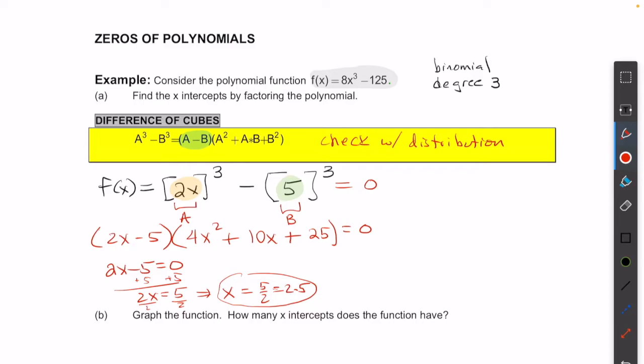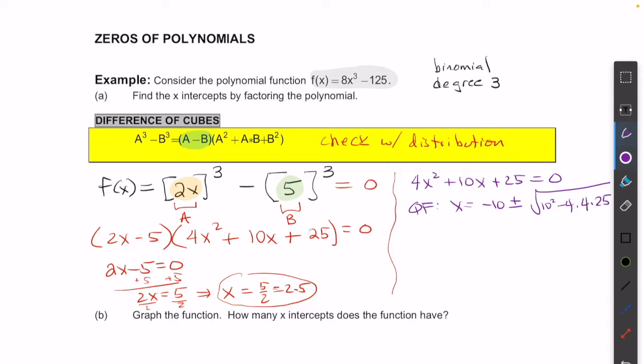Since the second factor doesn't factor any further, the only thing I can do here is use the quadratic formula, which gives opposite of b, so good review problem again, plus or minus square root of b squared, minus 4 times a, which is 4, and c, which is 25, all over 2 times a, or 8.